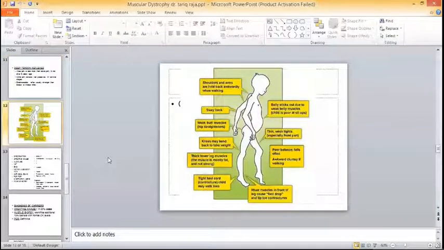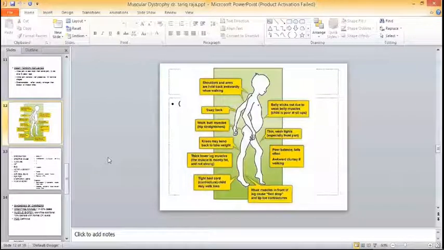This is the pictorial diagram which summarizes all the symptoms, starting from the head and back. Shoulders and arms are held backward when walking. These all are the clinical picture in a child.